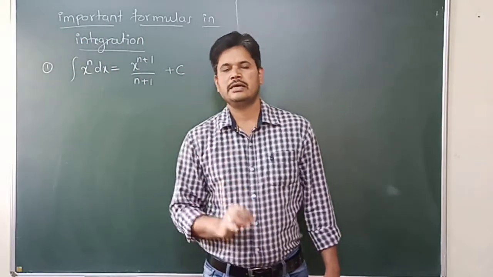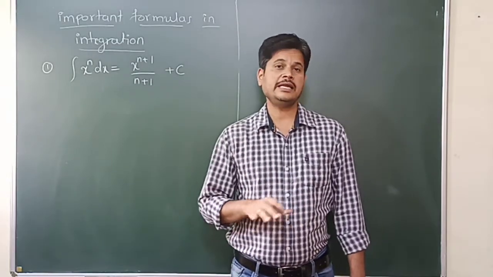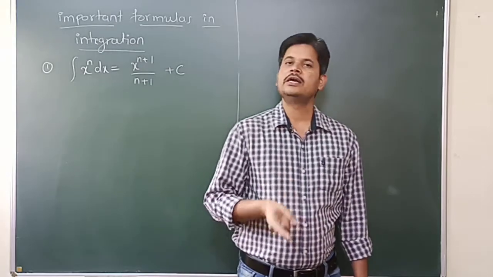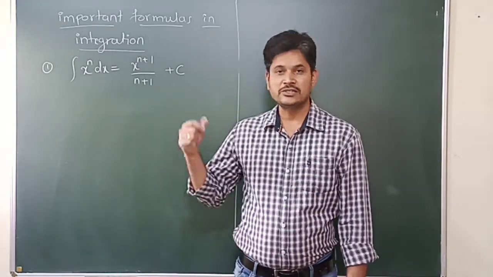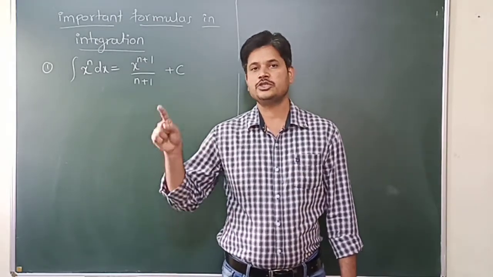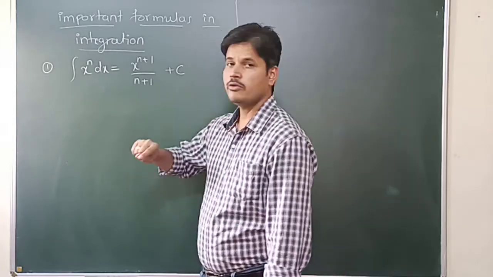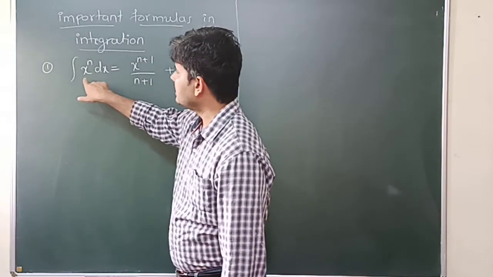The next important equation is the integration equation. It is exactly the reverse order of differentiation. As we did earlier with x raised to n, we differentiated with respect to x, but here we are going to do the integration.